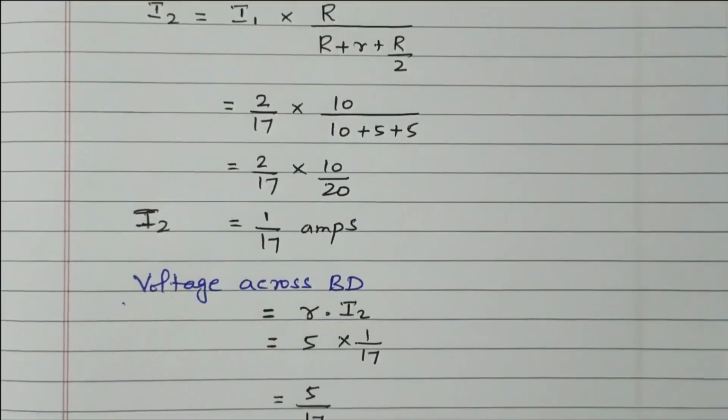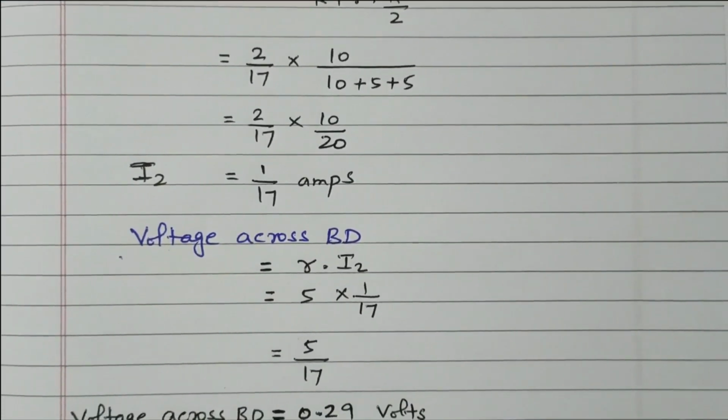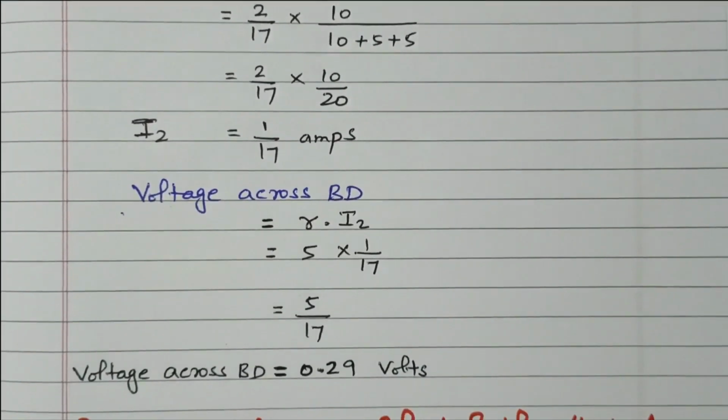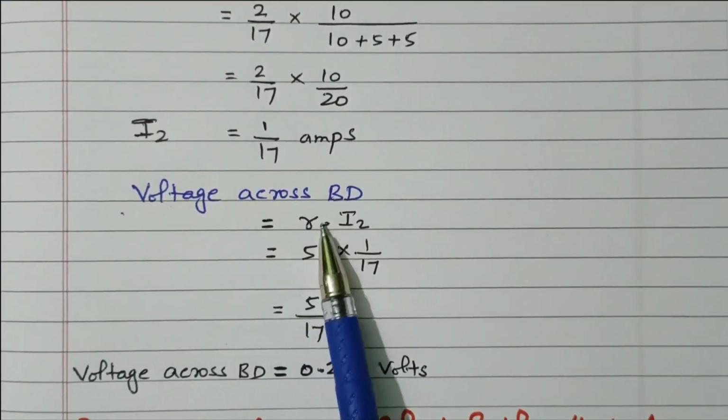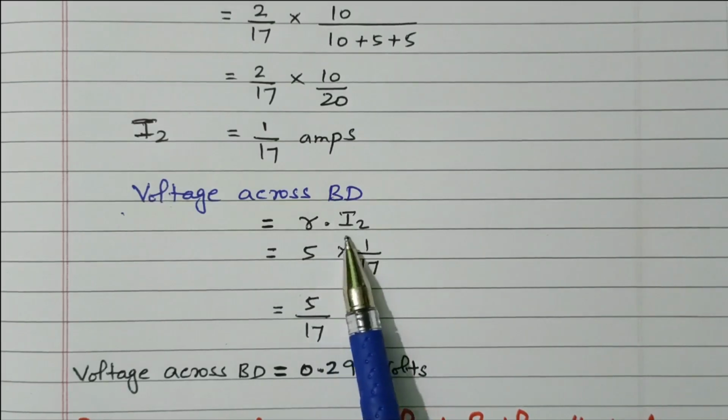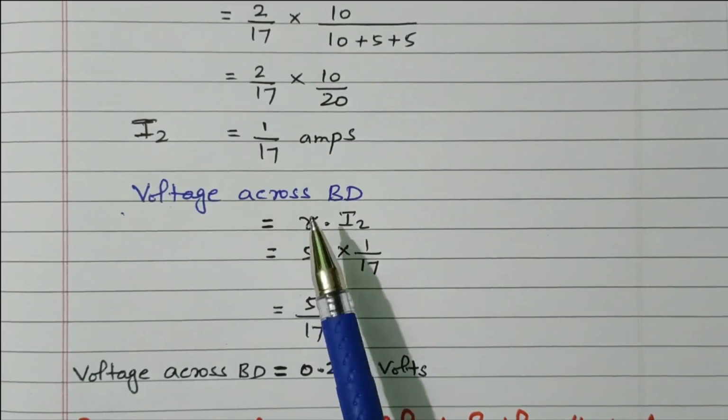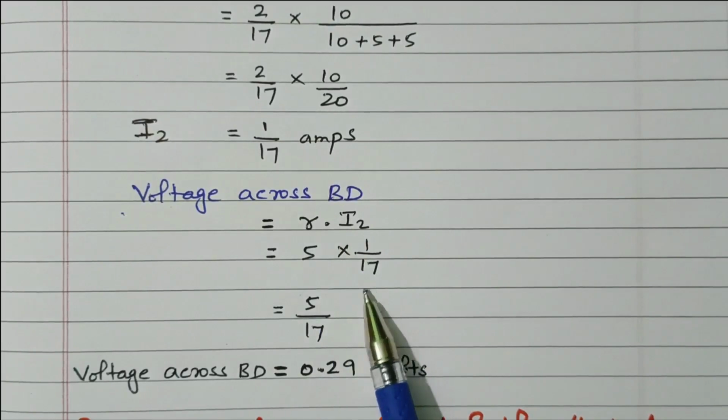From that we can find the change in voltage. So voltage across BD is R into I2. R value is 5, I2 we calculated as 1 by 17. That is 5 by 17, which simplifies to 0.29 volt.